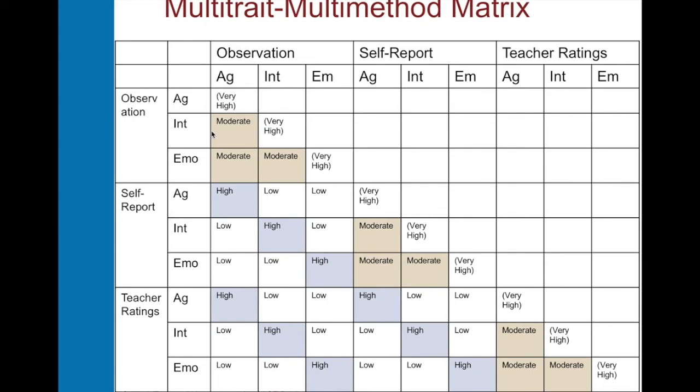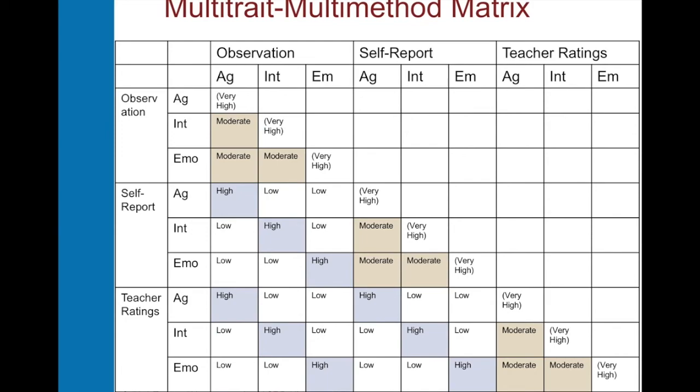Now you would expect a correlation that is higher than the previous type of configuration because they share a common method. Same thing over here. Intelligence as being measured by observation and emotional stability as being measured by observation. You should expect some correlation, but hopefully not too high, because you don't want your measures to be correlated simply because you're using the same method.